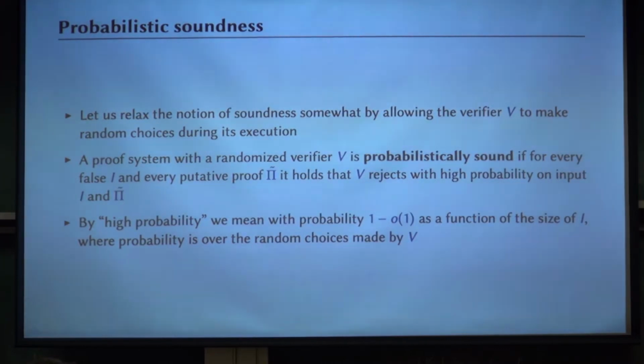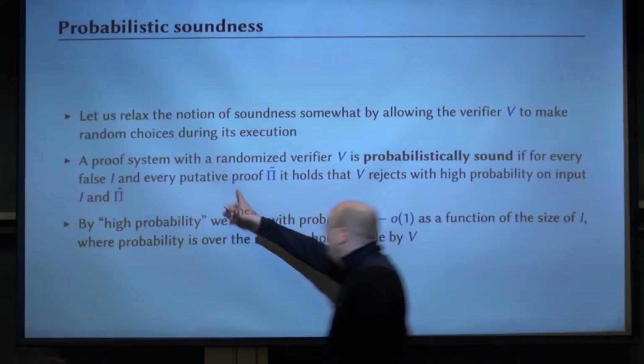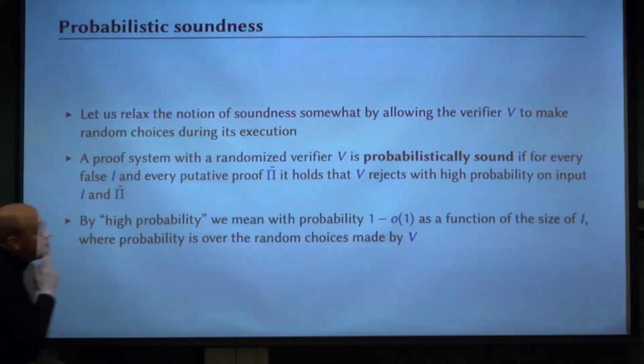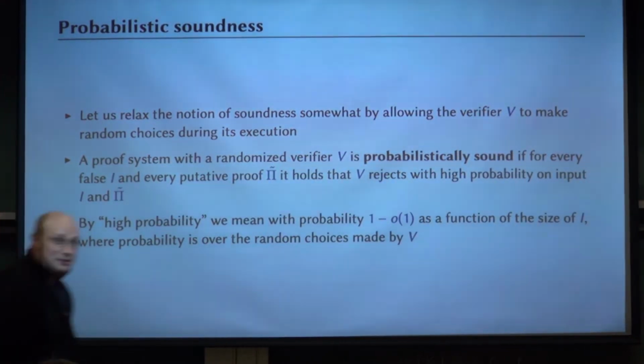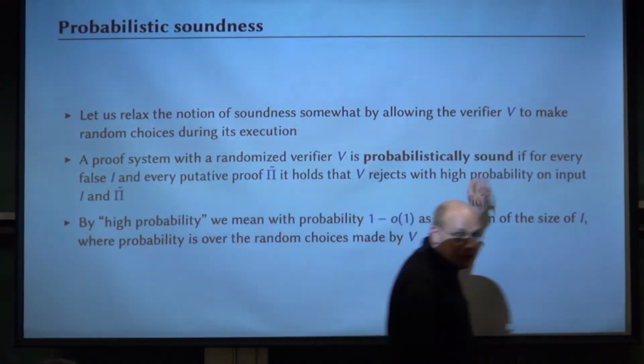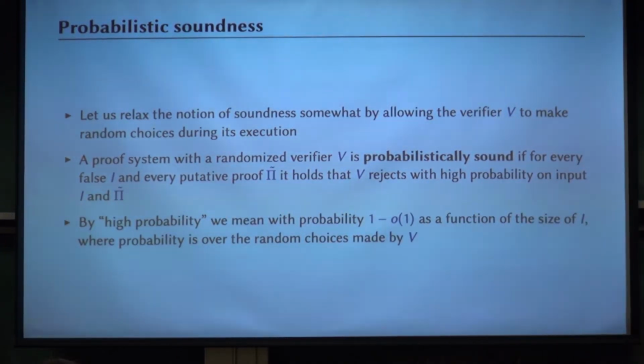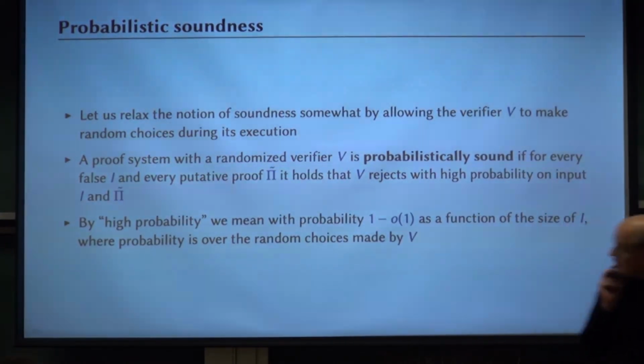And now it's probabilistically sound if for every input I and every putative proof that it gets, we will reject, not with perfectness, but with high probability, where this probability is taken over the randomness consumed by the verifier. So basically with probability 1 minus little o of 1, if you want, what is the definition of high probability in this case. And of course, usually these instances have some kind of size measure, such as the length of the claim in bits, that we use to look at the asymptotic scaling of this.